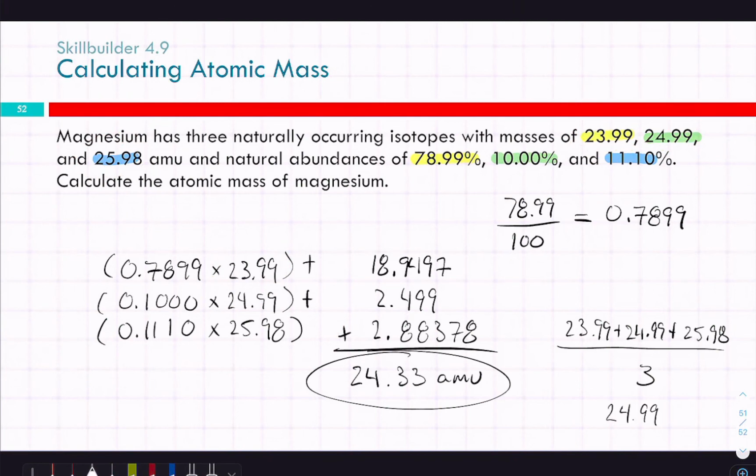So you get a different result because we changed how important each of the numbers going into the calculation is. This is definitely one to practice.